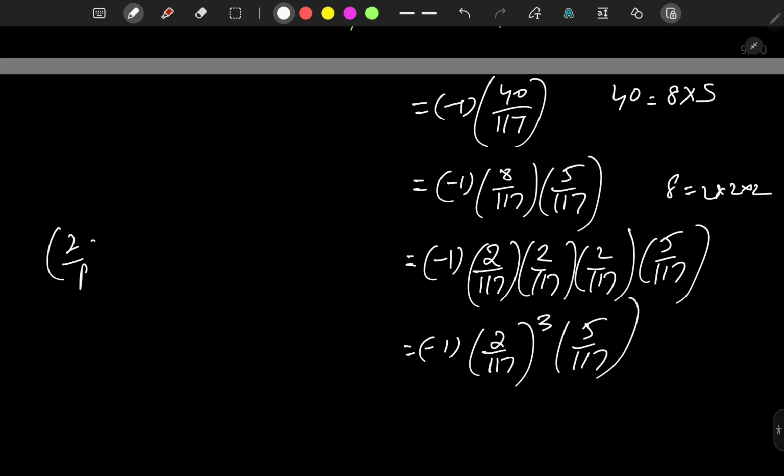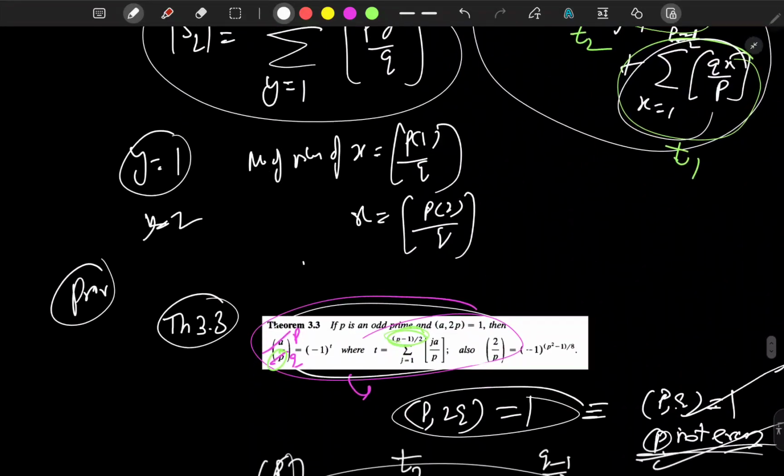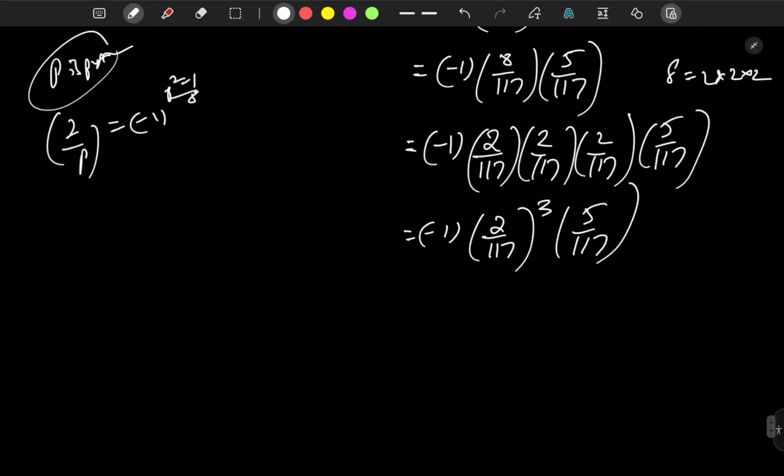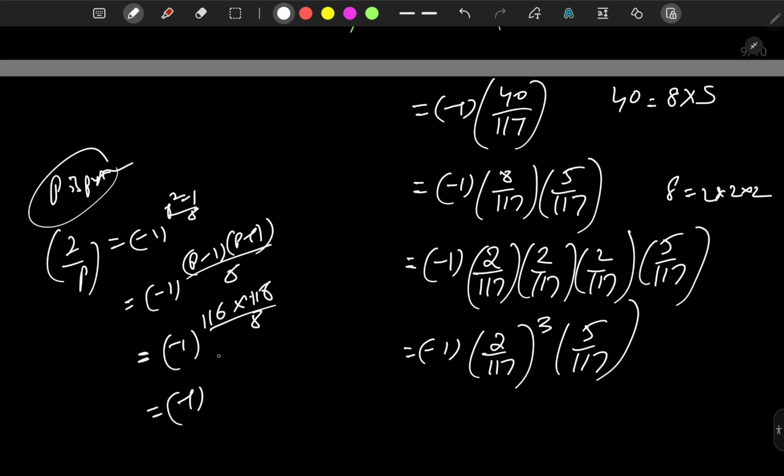We know that for 2 by p, where p is a prime number, I can write minus 1 whole power p square minus 1 by 8. What is the value of p square minus 1 by 8? It is p minus 1 into p plus 1 by 8, that is 116 into 118 by 8, that is 58 twos and 59 twos by 8.